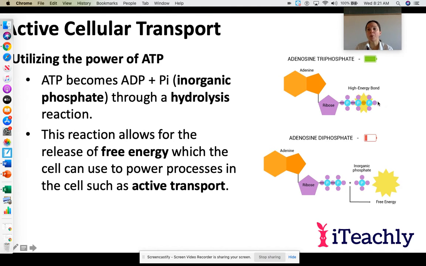So if I break this bond between these two, and then I have adenosine diphosphate, and then I have a phosphate, this is going to release energy. And so that's where this energy is coming from. We take this adenosine triphosphate, ATP, we break this bond right here, and we get the energy that we need.